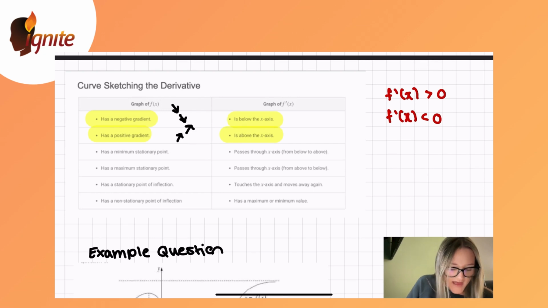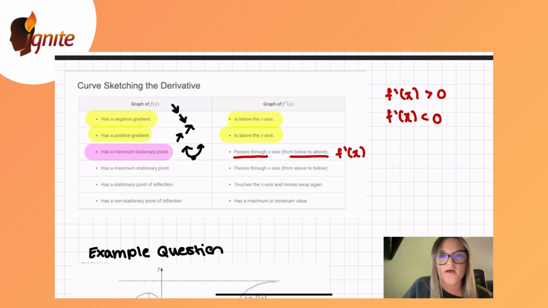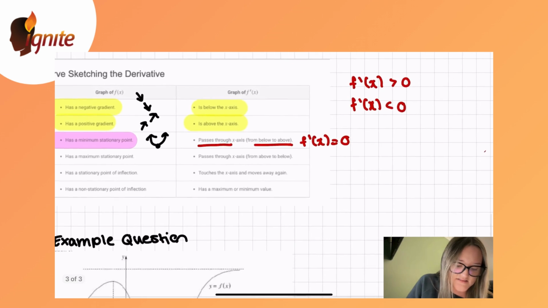If we then have a look at our different points, if the graph of f(x) has a minimum stationary point, that is, your graph looks like this, a concave up graph that has a minimum stationary point, we know that it passes through the x-axis from below to above. Whenever there's a stationary point, f'(x) is equal to 0. But a minimum or a maximum stationary point helps us see what part of the x-axis it's coming from.